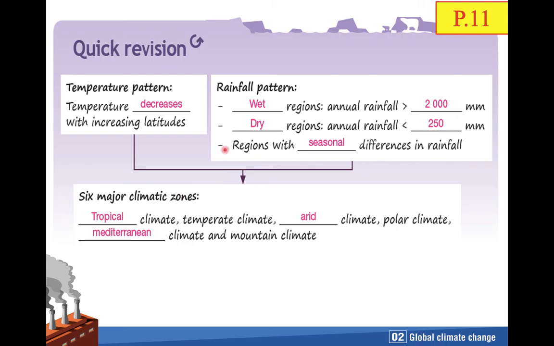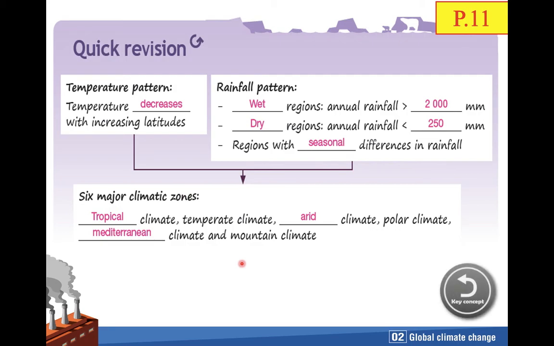And for some regions, they have a seasonal difference in rainfall. That means some seasons may have higher rainfall and some lower. And we have mentioned 6 major climatic zones in the world, including the tropical climate, temperate climate, arid, polar, Mediterranean climate, and also the mountain climate.